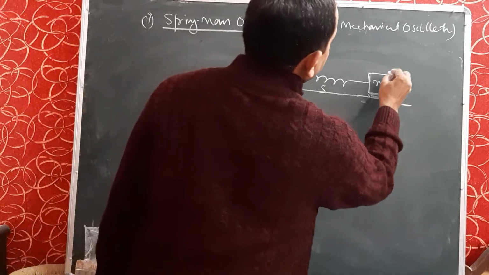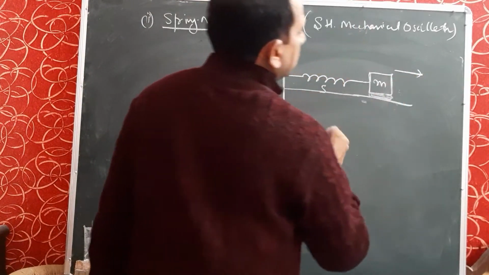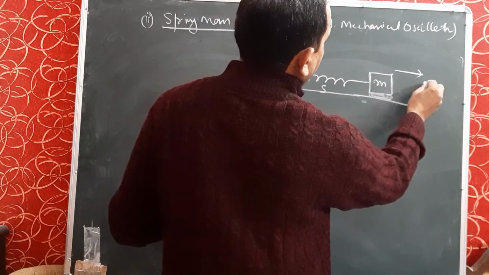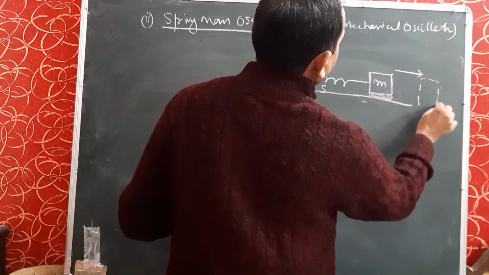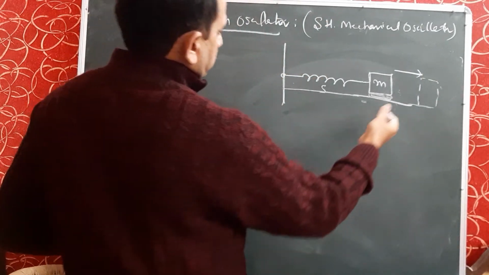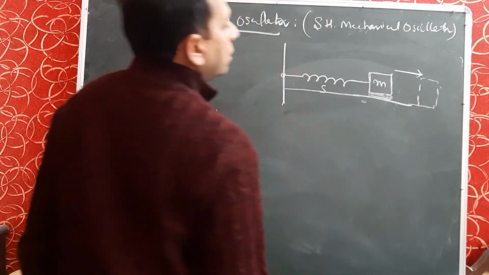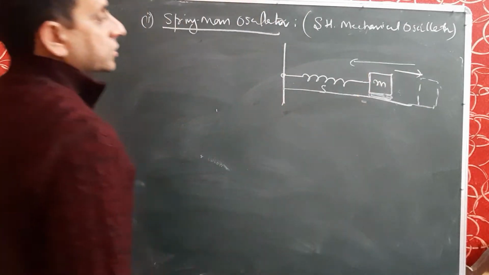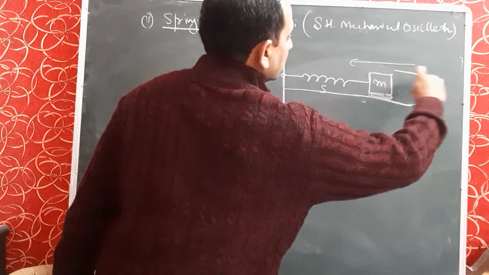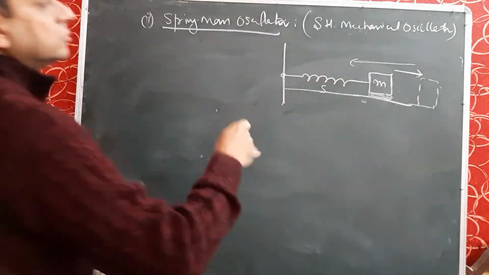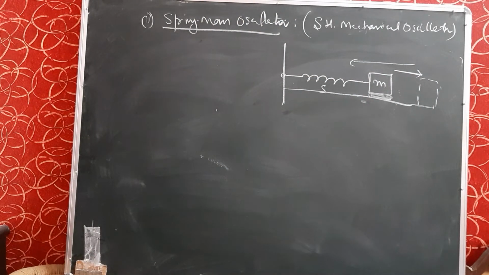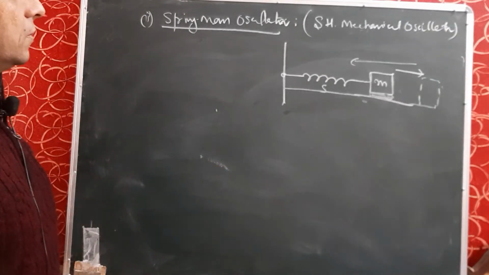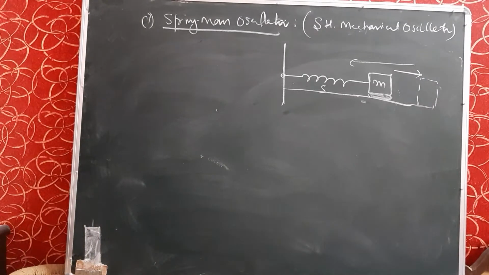When we pull this mass towards the right side, the spring will expand, and after some time, when we keep it free, it will automatically come back in the reverse direction. So the motion of the mass becomes harmonic. So this is the spring mass oscillator.